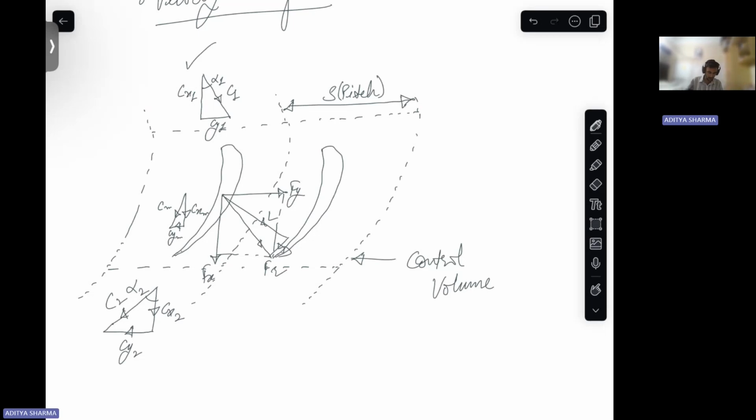If you see the first velocity triangle, C1 is the absolute velocity, and in the X and Y directions the components have been given. Then at the exit, you again have C2 velocity.